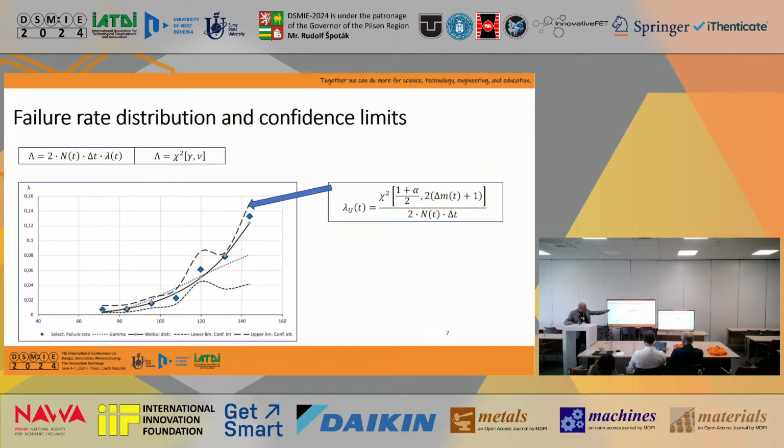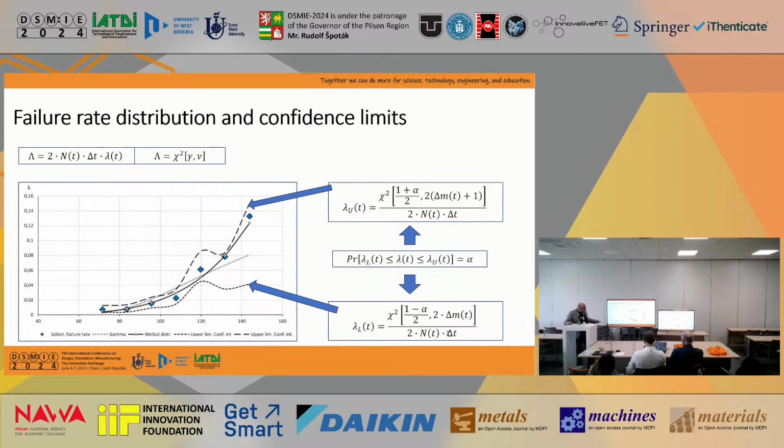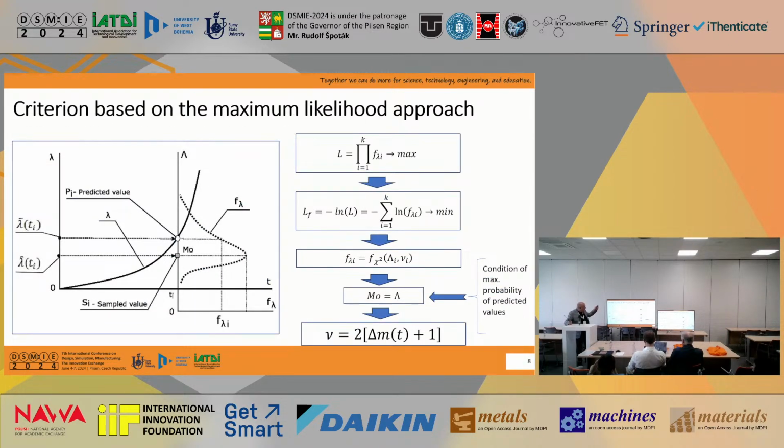Based on this, with the upper and lower limits of the confidence limit, we found criteria based on the maximum likelihood approach. To avoid multiplication of the functions, it is substituted by the sum of logarithms, and here we have the opposite negative value to minimize instead of maximize the function.